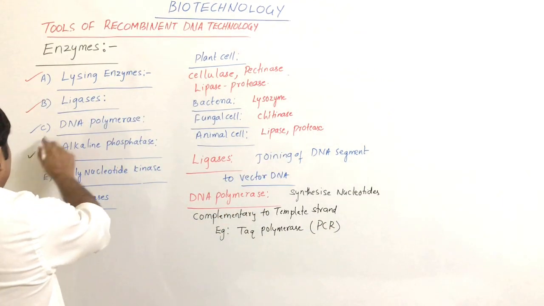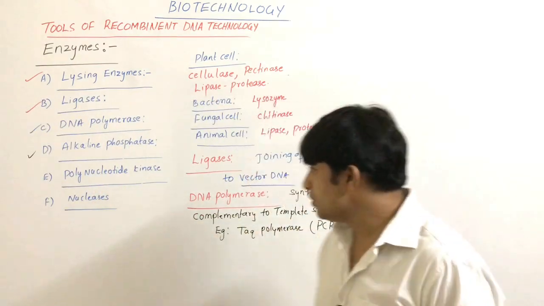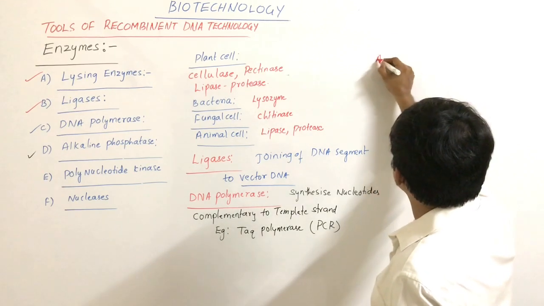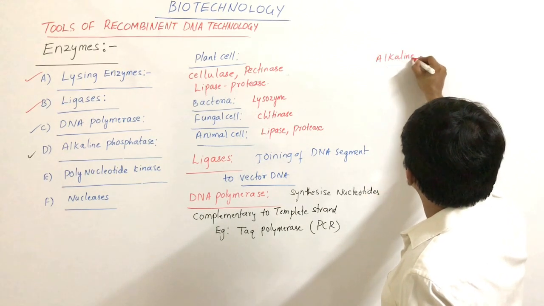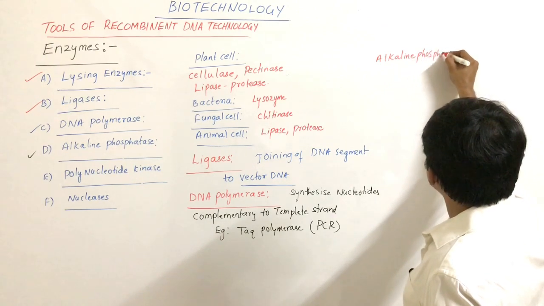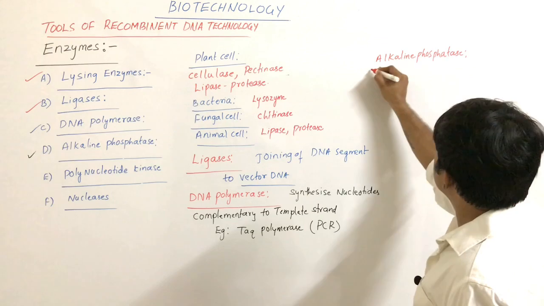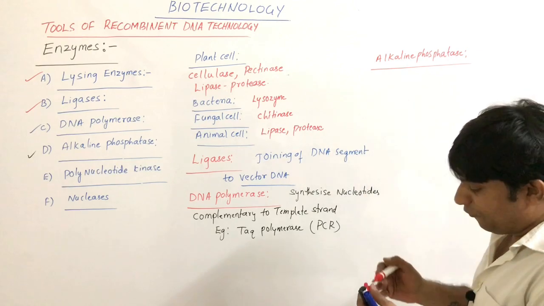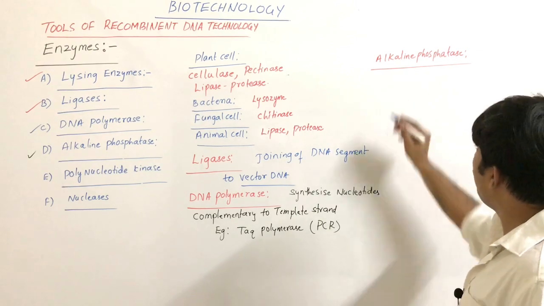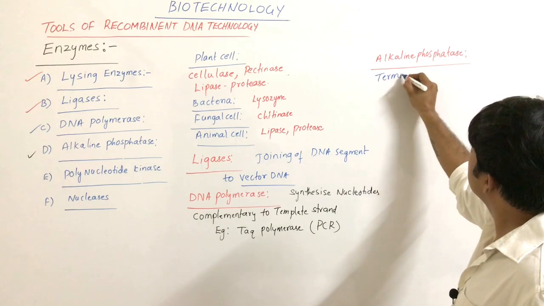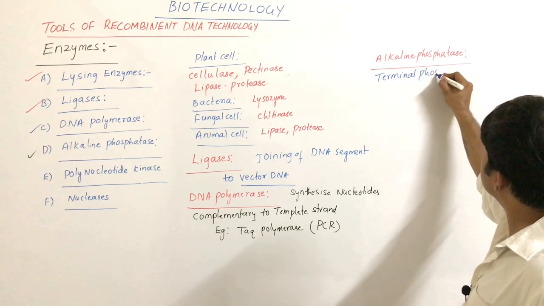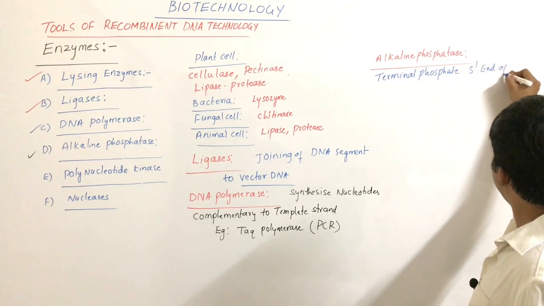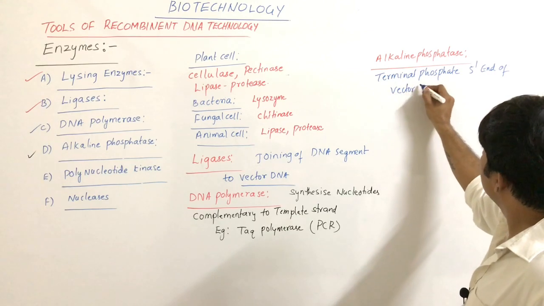Next, alkaline phosphatase. So these alkaline phosphatases are the enzymes which catalyze the removal of the terminal phosphate from the 5' end of vector DNA.